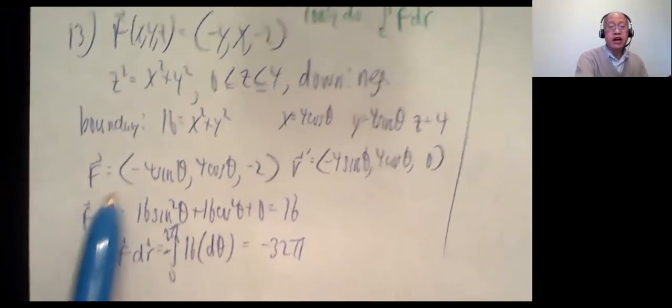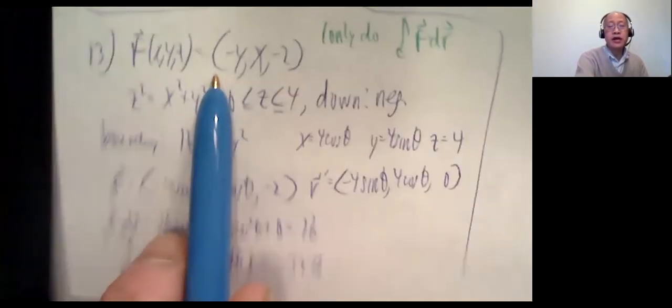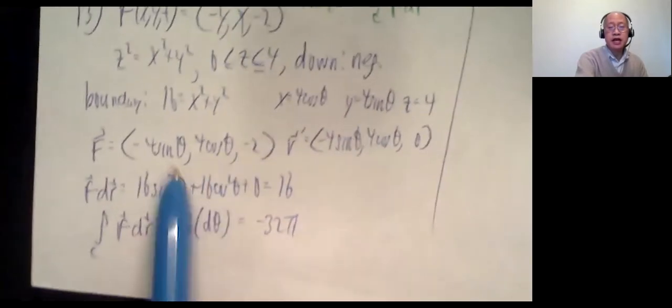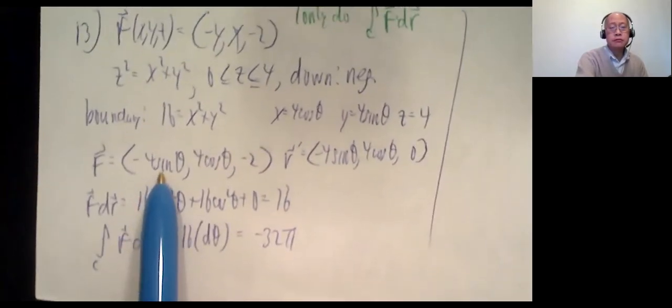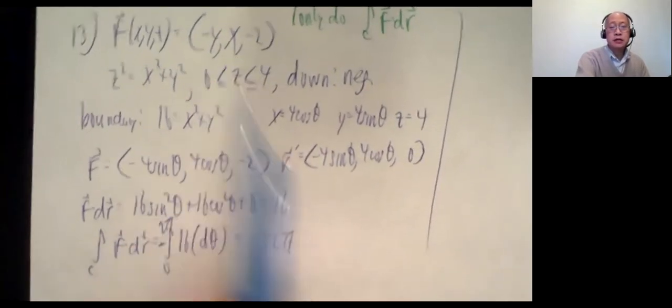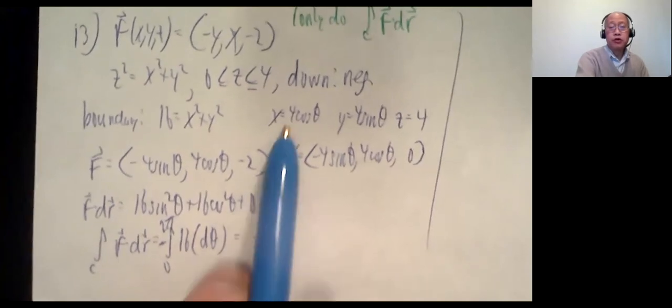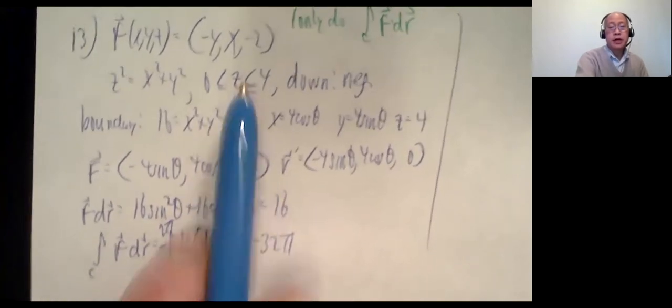Now F becomes negative y, which is negative 4 sine theta, then x, which is 4 cosine theta, and then negative 2.